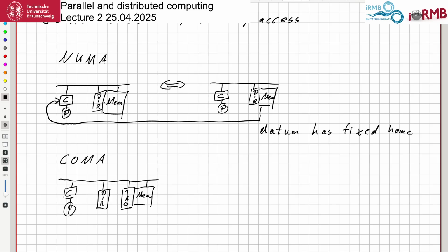Okay, let me draw the other picture. There again is a cache, a processor, directory, and tag saying where we put things.